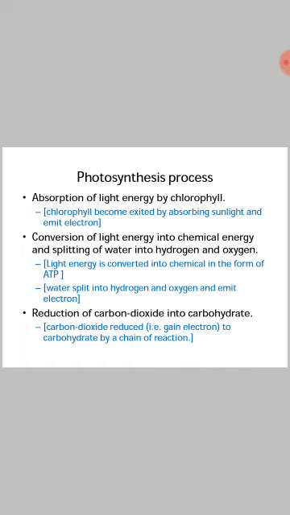That means the electron that was lost from the water molecule is gained by carbon dioxide, and then carbon dioxide is converted to carbohydrate. This is the third and last process of photosynthesis: reduction of carbon dioxide into carbohydrate by gaining electrons, and those electrons are produced by oxidation of water in the second step.